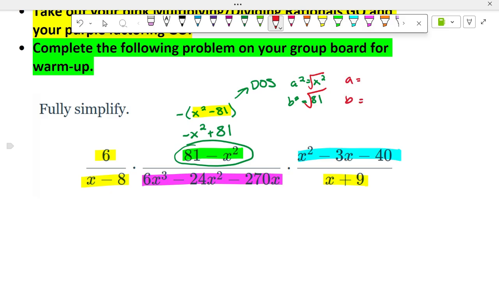All right, so what's square root of x squared? Square root of 81. And then how do I rewrite my factors? Right. So if I rewrite this, I have 6 over x minus 8. Of course.